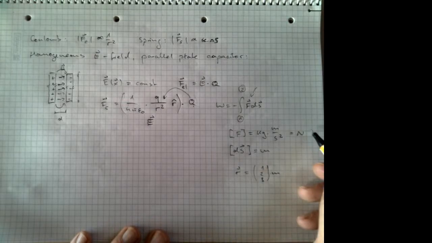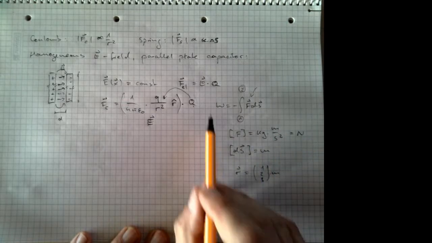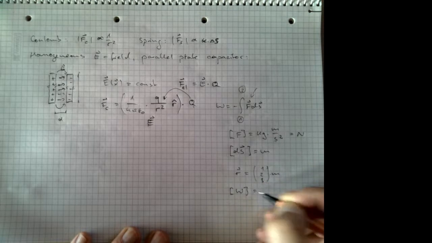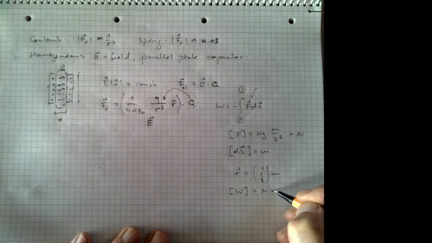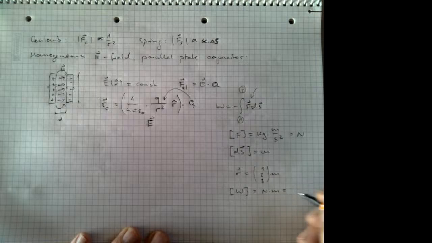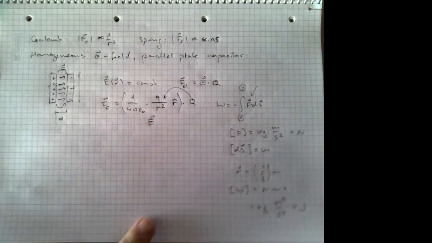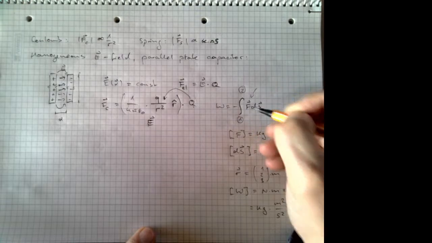Okay. And then you see that the unit of W in this example is Newton times meter, or kilogram times meter squared divided by second squared, which is joule. So you see the integral doesn't change the units.